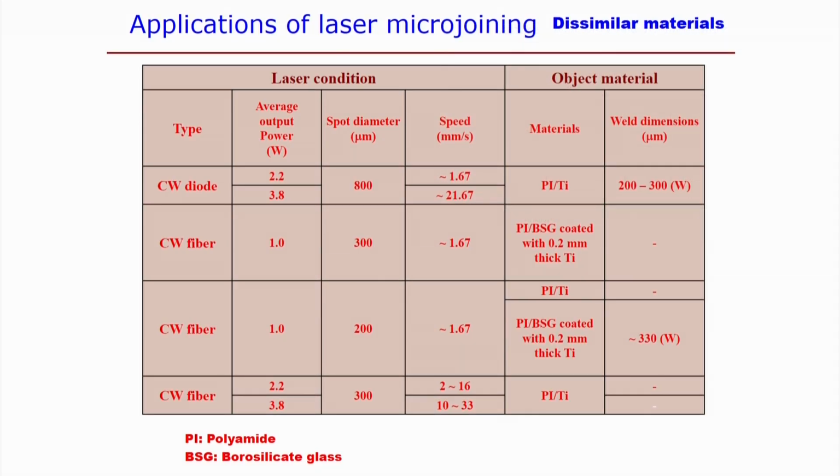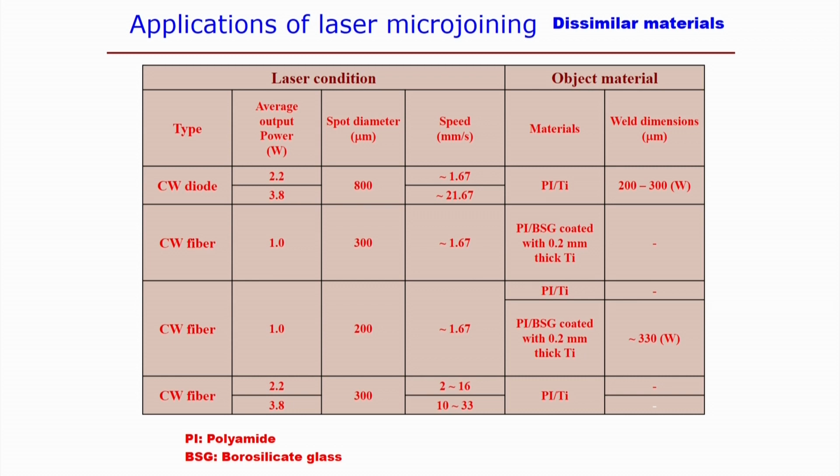Here we observe that typically a continuous wave diode laser or fiber laser is normally used. Average power output is around 2.2 watts to a minimum of 1 watt, and spot diameter may be 300 micrometers, with different speeds. For different types of material, we observe the application of the laser in the case of dissimilar combinations of materials.